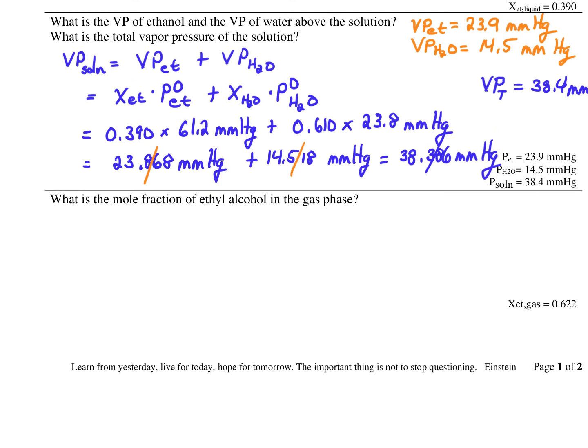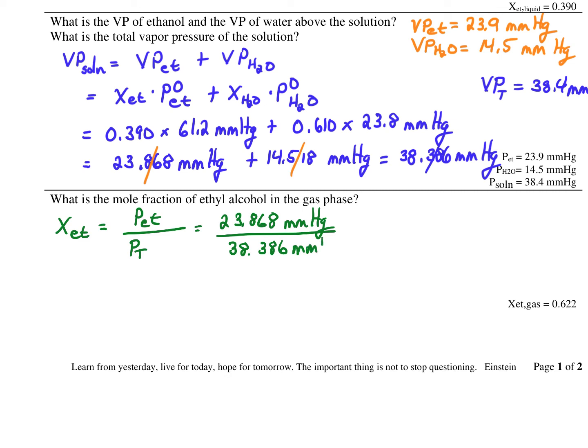This next question is asking us for the mole fraction of ethyl alcohol in the gas phase. And we can relate the mole fraction of ethyl alcohol by the pressure, the vapor pressure of ethyl alcohol over the total pressure. It's going to be 23.868 over 38.386.